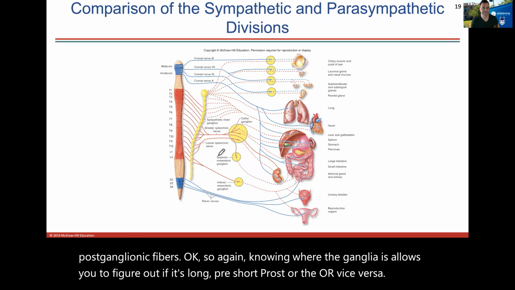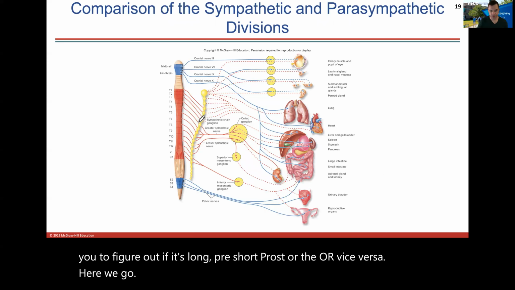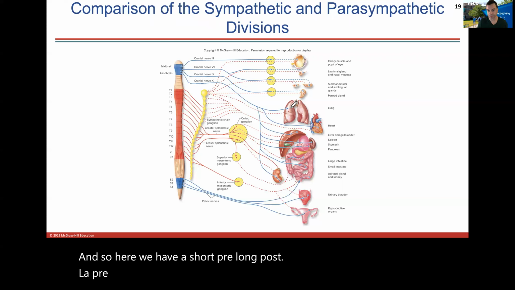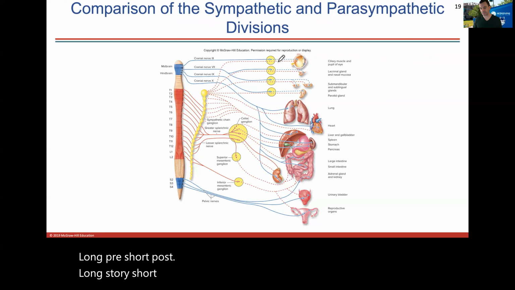Here we go. And so here we have short pre, long post. Long pre, short post. Long pre, short post. So you can see the difference between that.